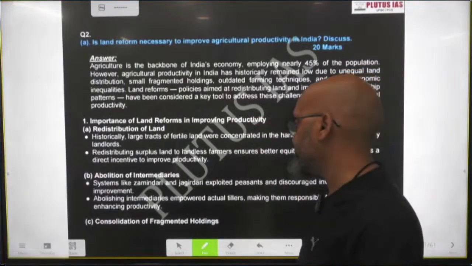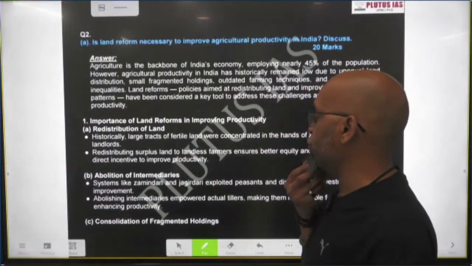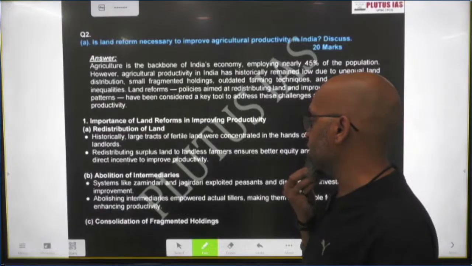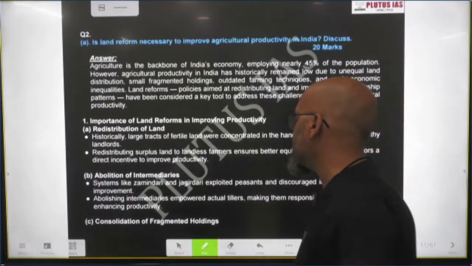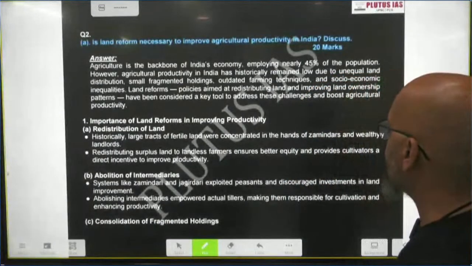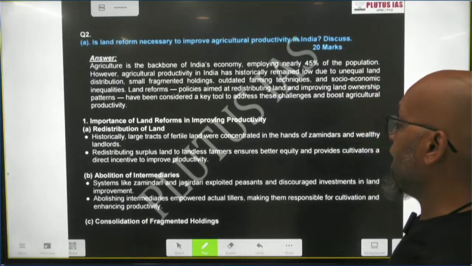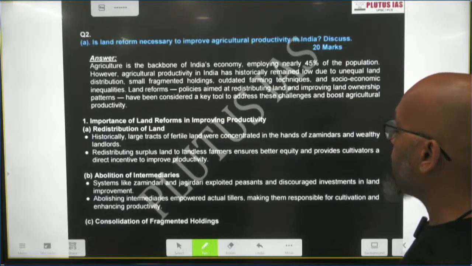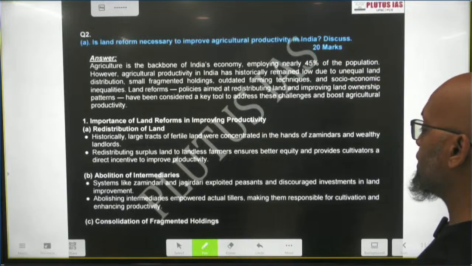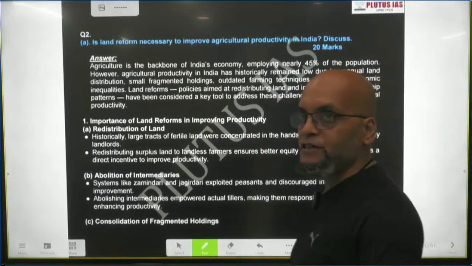Then abolition of intermediaries. Systems like zamindari and jagirdari exploited peasants and discouraged investment in land improvement. Abolishing intermediaries empowered actual tillers, making them responsible for cultivation and enhancing productivity.